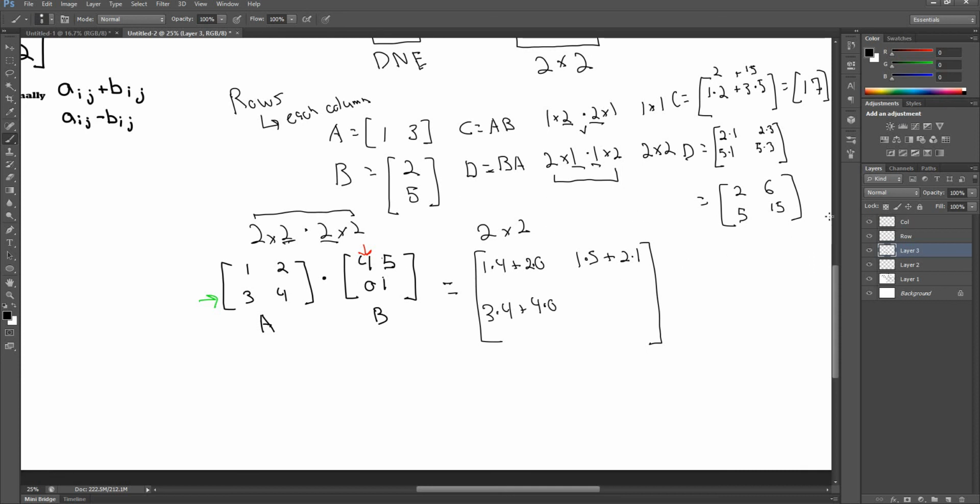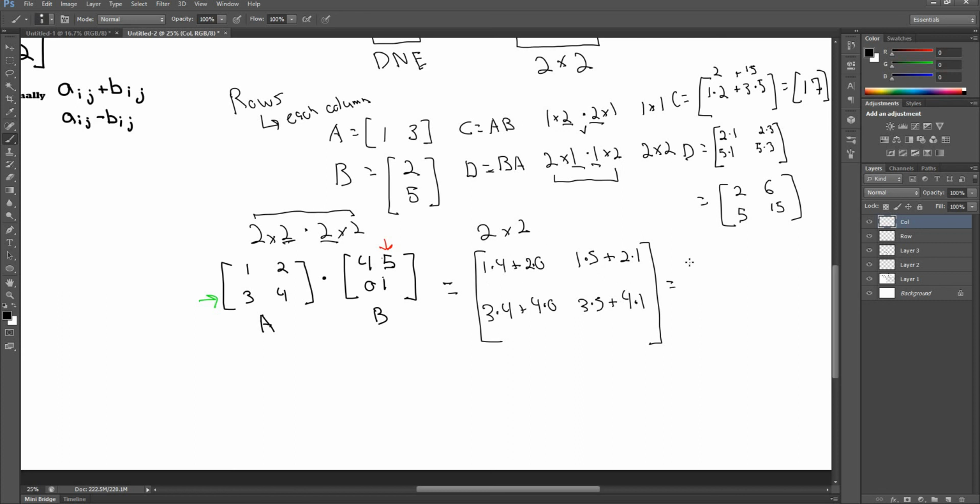That finishes the column. So we move to column 2. So now I'm in row 2, column 2. So I have 3 times 5, plus 4 times 1. I've finished everything in the column. I've finished everything in the row. I'm out of rows. I've constructed my 2x2 matrix.